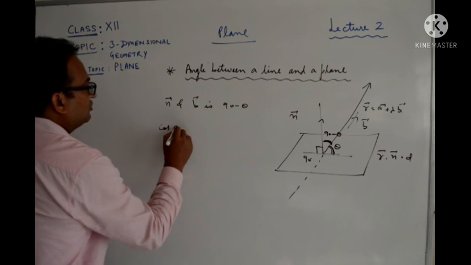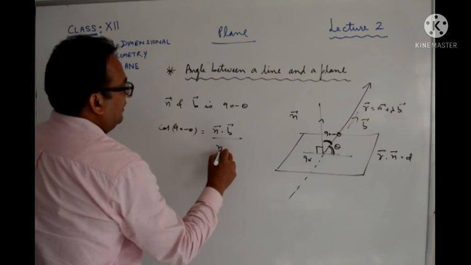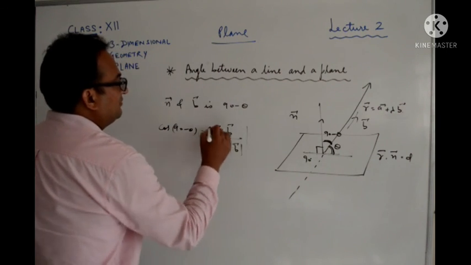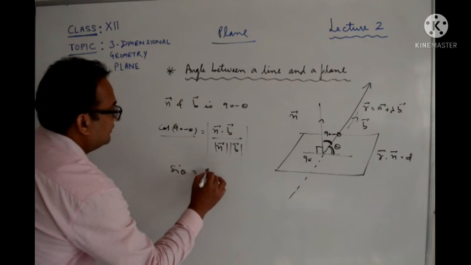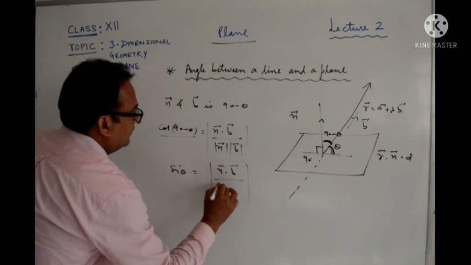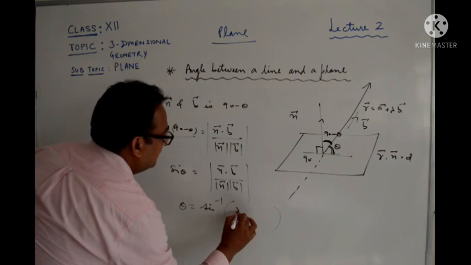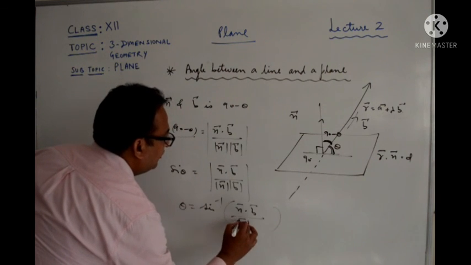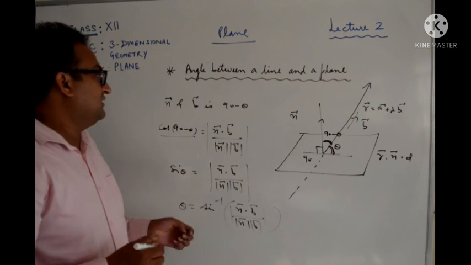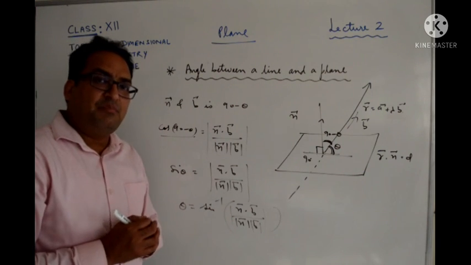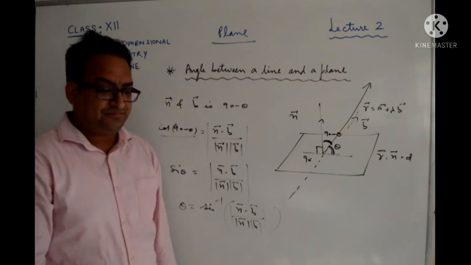So cos of 90 minus theta is the absolute value of n dot b upon magnitude of n times magnitude of b, and cos of 90 minus theta is sin theta. So theta will be sine inverse of the absolute value of n dot b upon magnitude of n times magnitude of b. This is the formula for finding the angle between a line and a plane. So we can do simple problems based on this article. Okay, thank you.